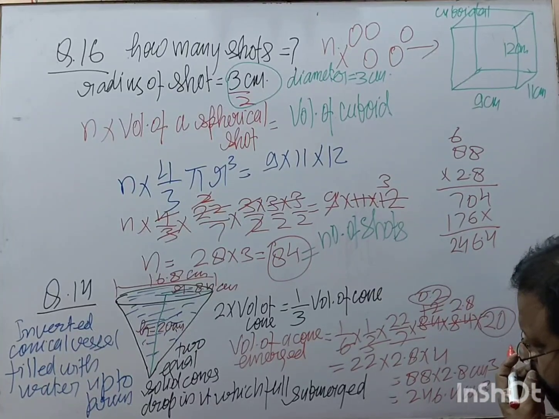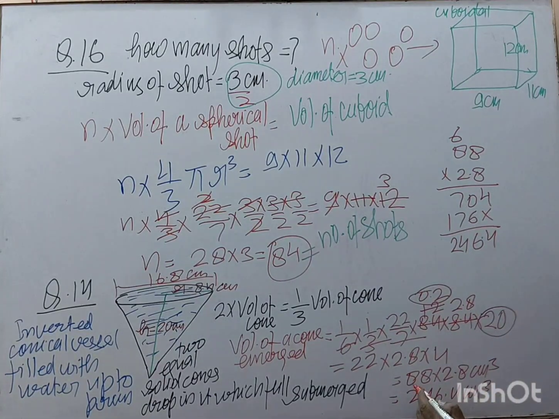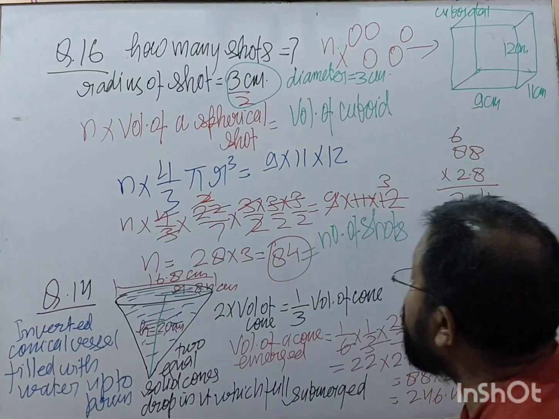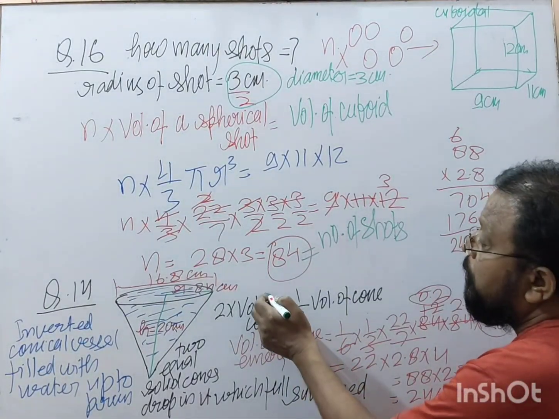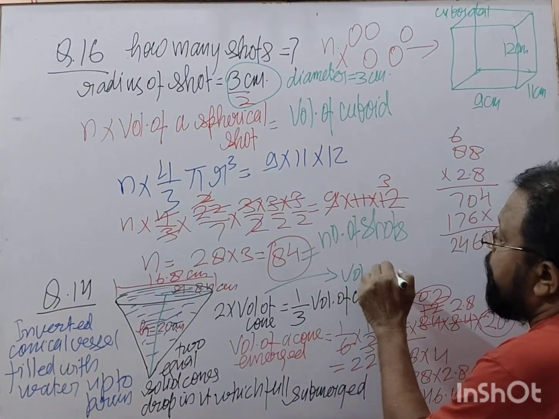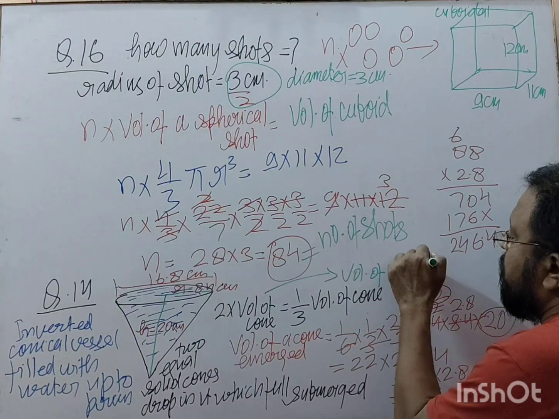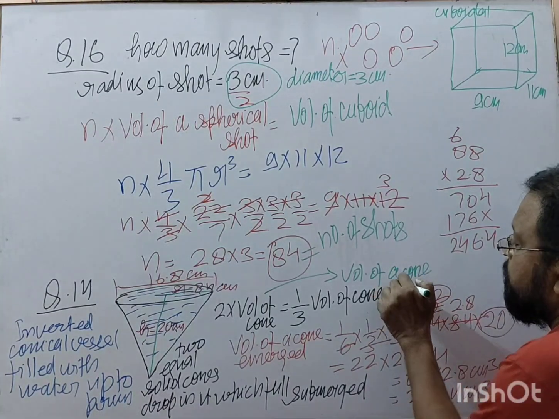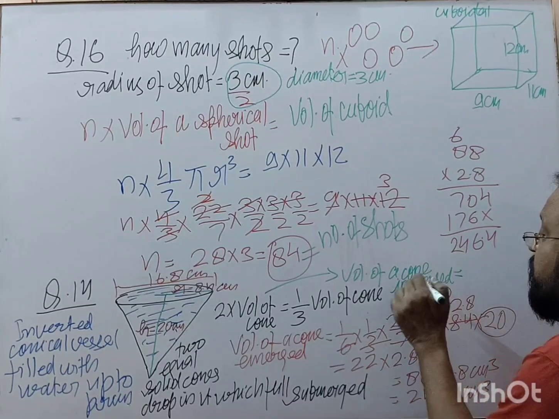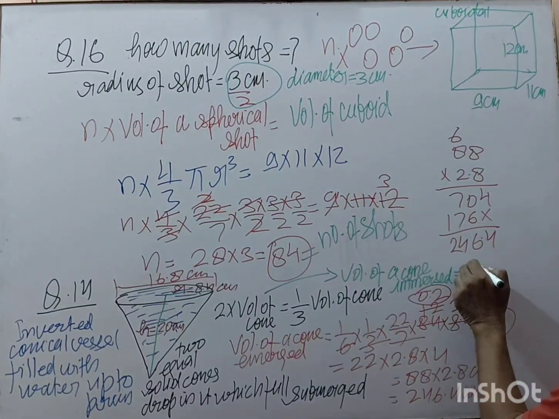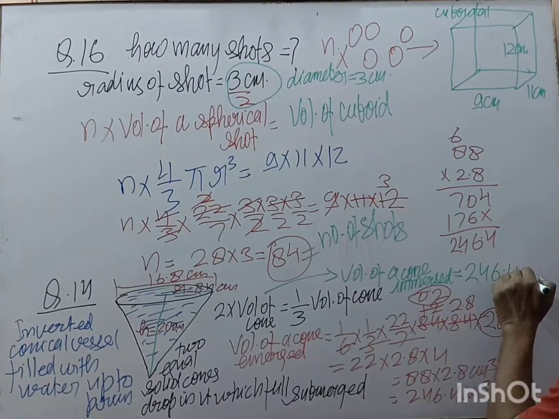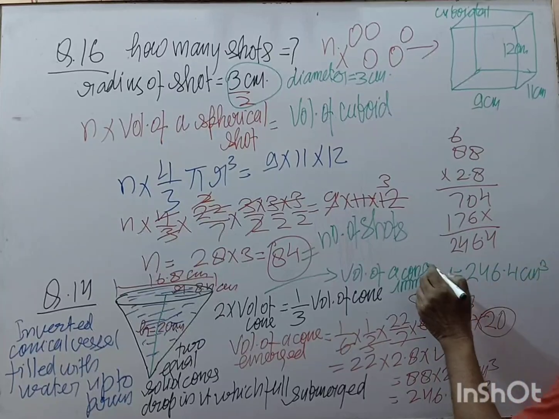Yes, sir. So volume of a cone immersed is equal to 246.4 centimeter cube.